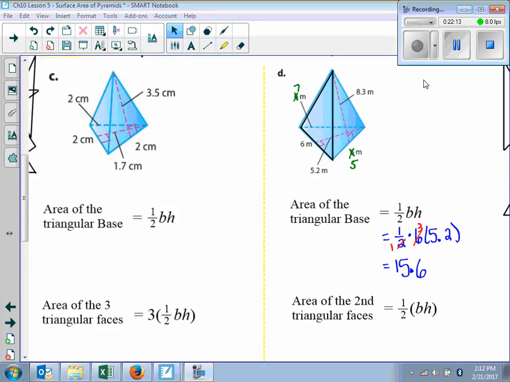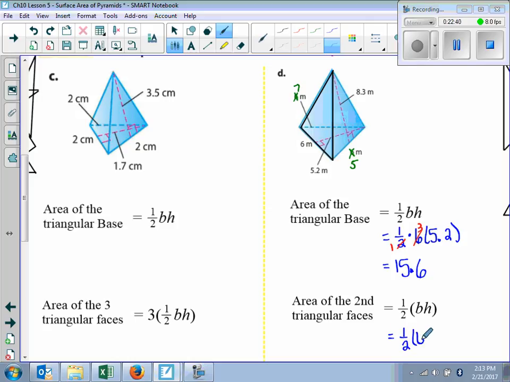So now we want to find the area of the second face. All right. So now let's do this triangular face. So what's the base? 6. What's the height? It's going to be the same as this one over here, so that's going to be 8.3, right? So now we can substitute what we know. So we have 1/2 times the base, which is 6, times the height, which is 8.3.